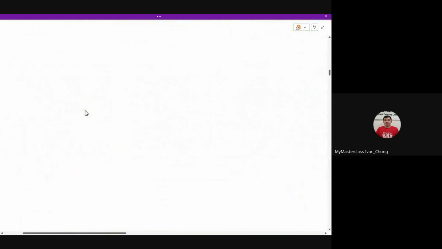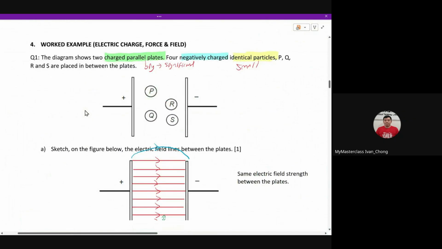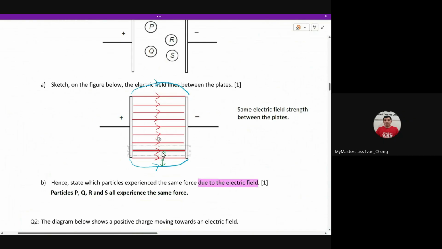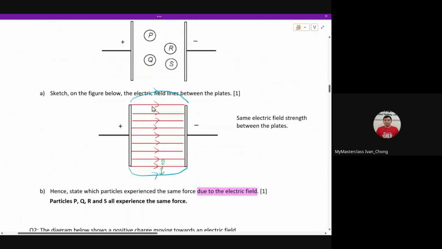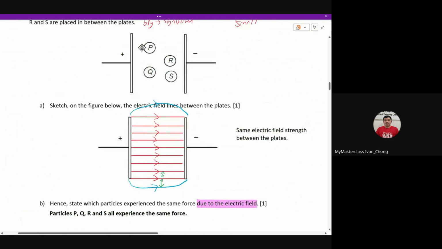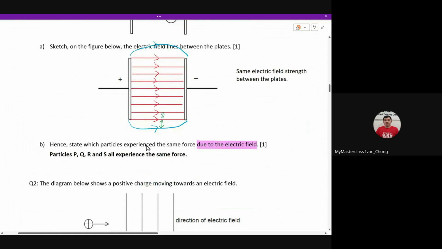But because your plates are so big and so strong compared to a particle itself, the field is uniform inside. So they have the same amount of electric force acting throughout in between the plates. Because of this, even though P and Q are nearer to the plus, P, Q, R, and S all experience the same amount of force. The difference will be quite insignificant, so we just take according to the field lines.